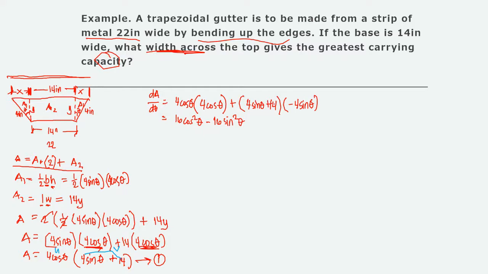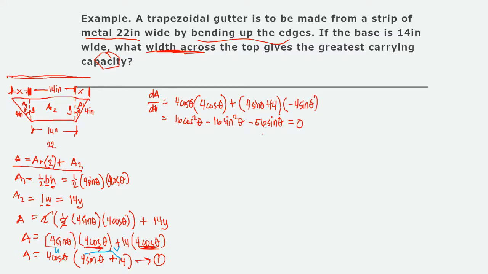And then we have 14 times negative 4. That gives us negative 56 sine theta. So after we have derived and simplified, we can now equate this to 0. So equating this to 0, that will give us this.